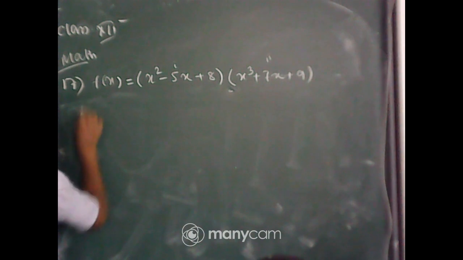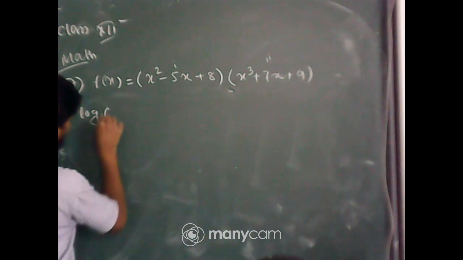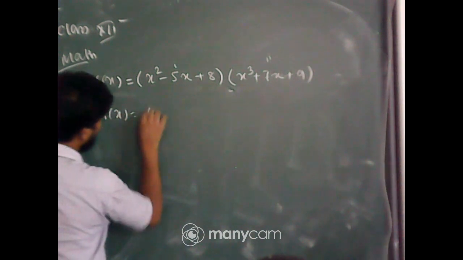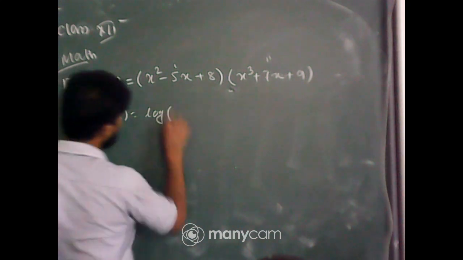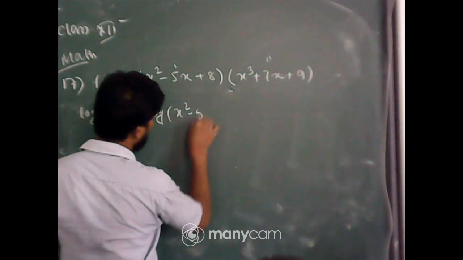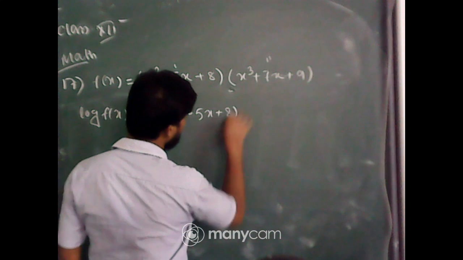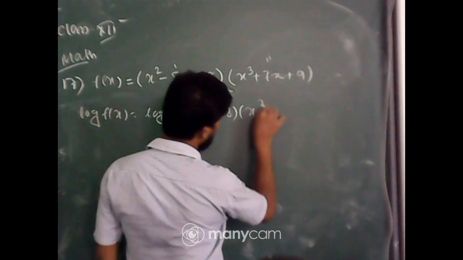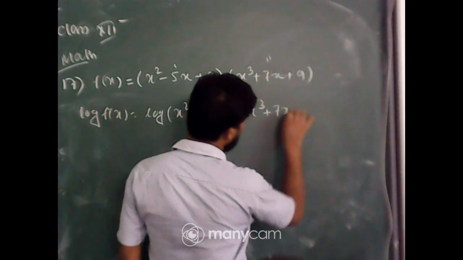So if I take log here, log of f of x will be log of x square minus 5x plus 8 into x cube plus 7x plus 9.